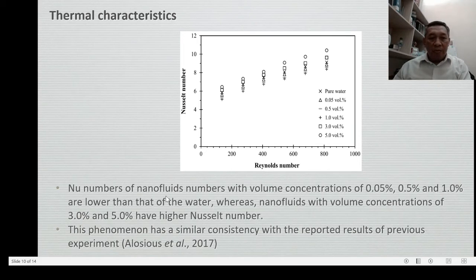The Nusselt number of nanofluids at various lower volume concentrations is lower than that of water, whereas nanofluids with volume concentrations of 3.0% and 5.0% have a higher Nusselt number. This phenomenon is consistent with the previously reported experimental result from Aloysius et al., 2017.